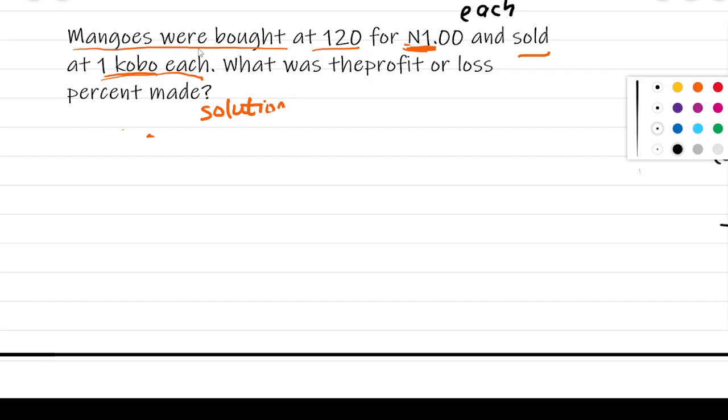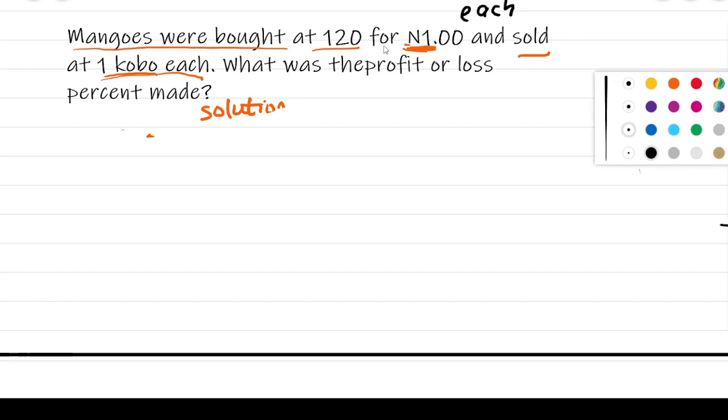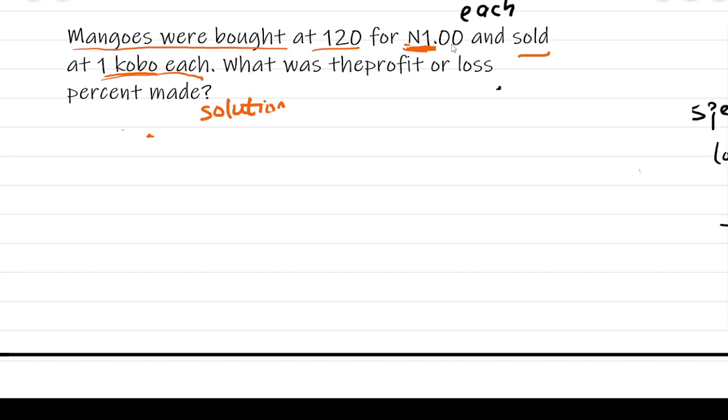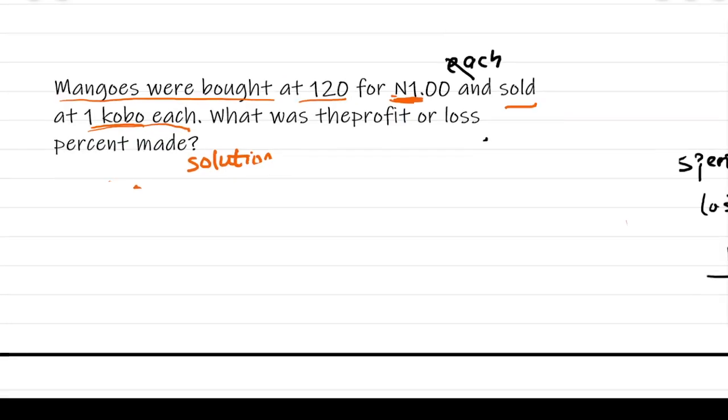So let's see. Mangoes were bought at 120 for 1 naira. Not each. I was reading "each" previously. So 120 for 1 naira, and it is sold at 1 kobo each. If we are selling at 1 kobo each, that means for selling 120 mangoes, we must have made 120 kobo.